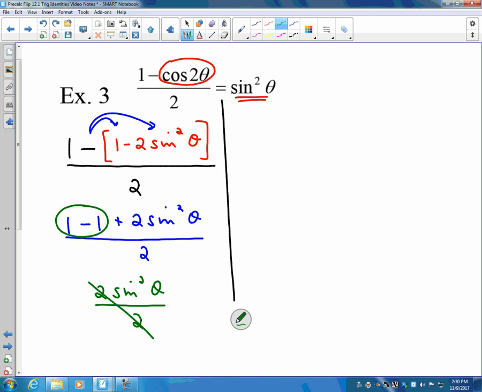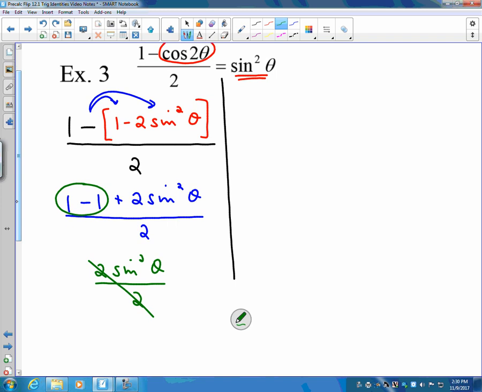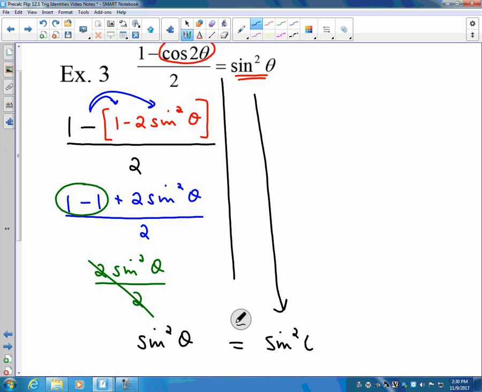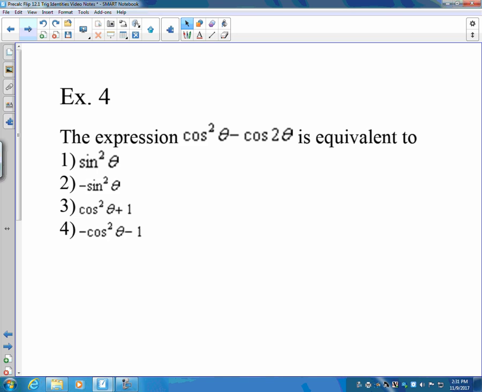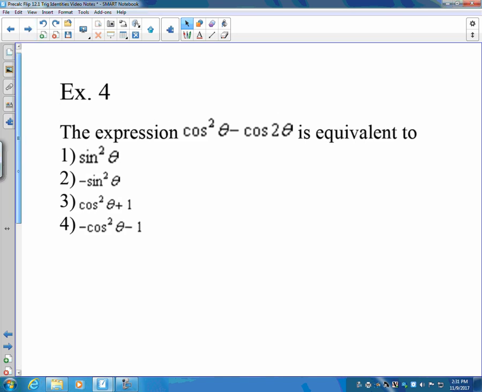Those 2's are going to drop out. And guess what's left? Sine squared of theta. How awesome is that? Yeah, that's awesome, man, because that's what I had on the right side, right? So there you go. They're equal to each other. So I got the left side to equal the right side without crossing the equal sign.